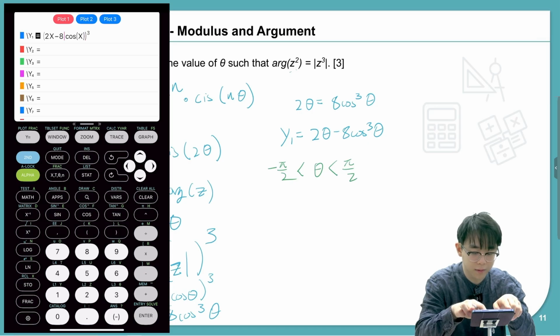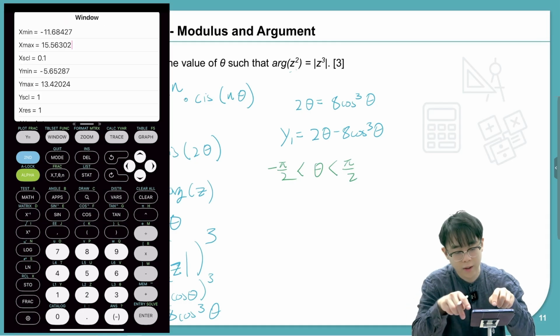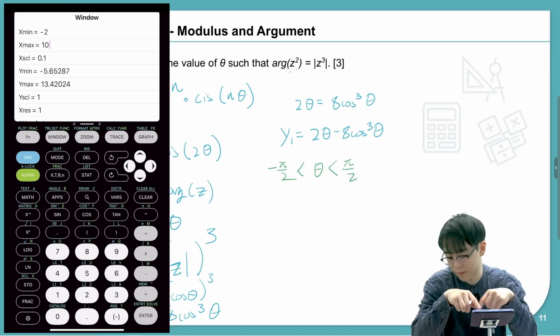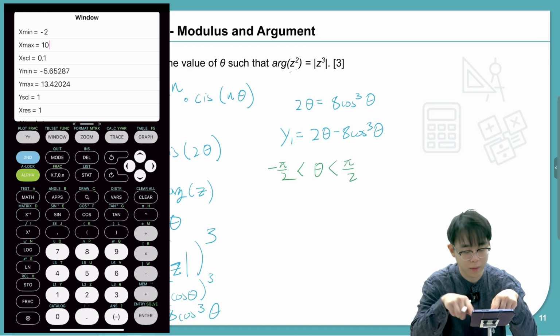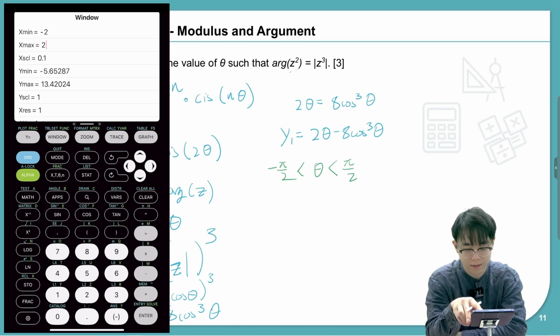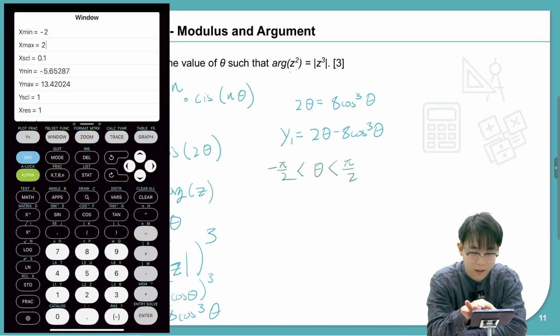Also, our x value would be between negative pi over 2, so that would be like negative 1.57, and pi over 2, that would be 1.57. So let's set our x min and x max to here. And we want to be able to clearly see the y, so maybe from negative 3 to 3.